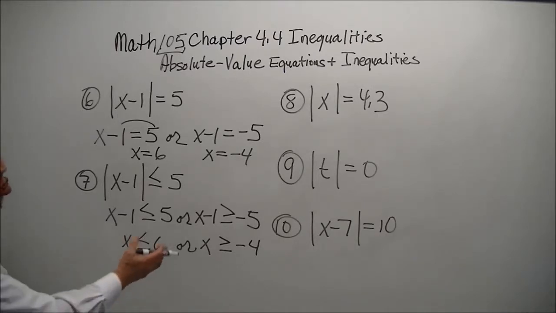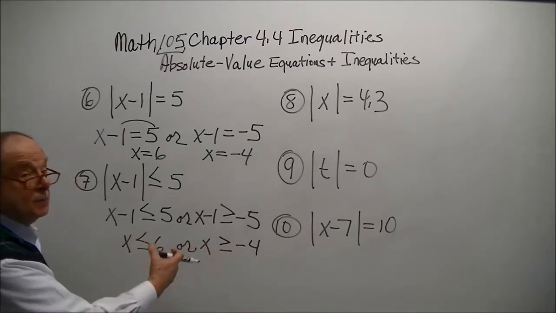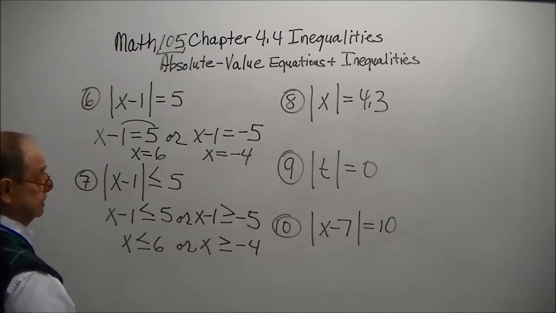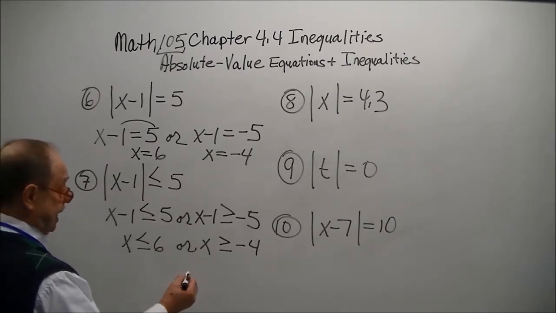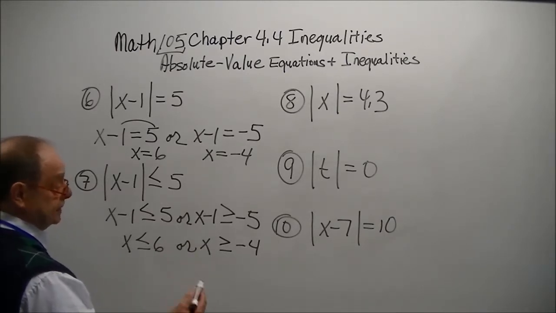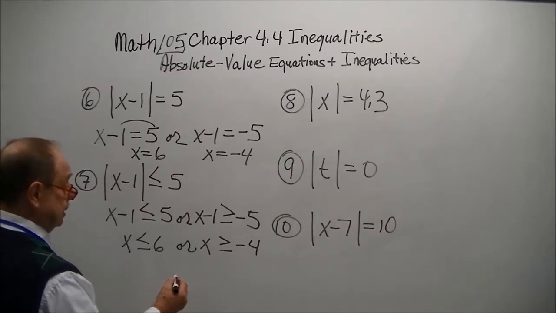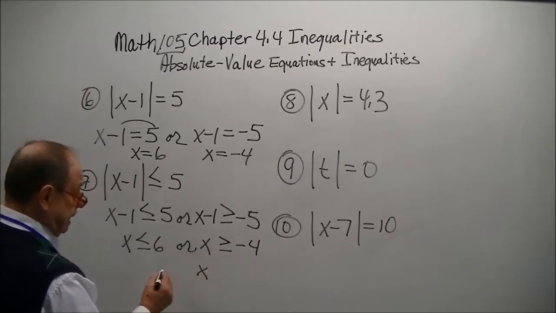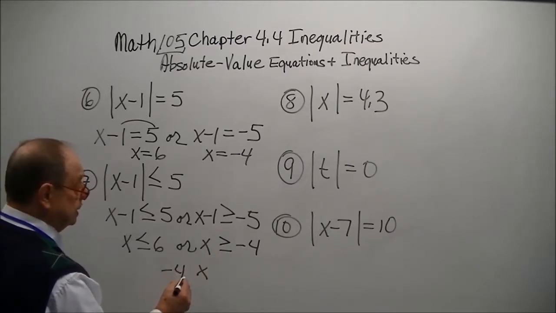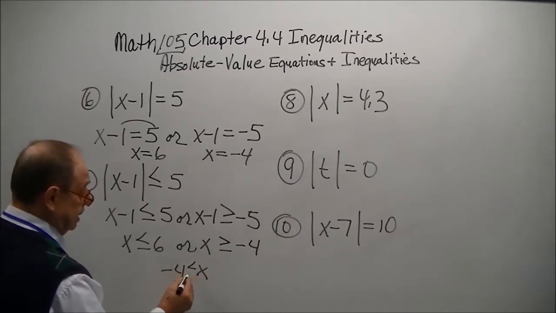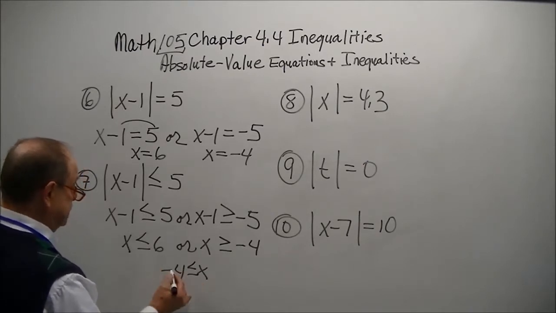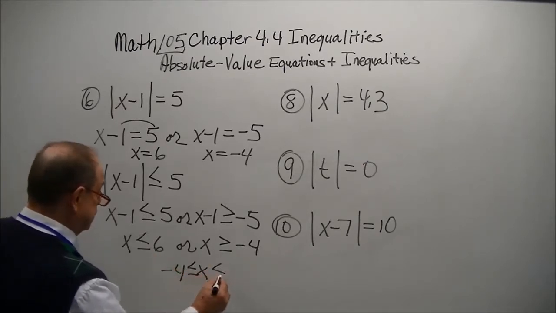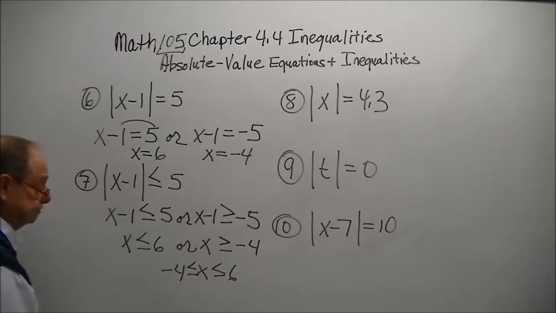Now, they even sometimes graph these because that's what we did in our previous lesson. So if you were going to graph that or put it in set builder notation, you'd say that x is here in the middle and negative 4 is over here, and then your x is in the middle and it's less than or equal to 6.